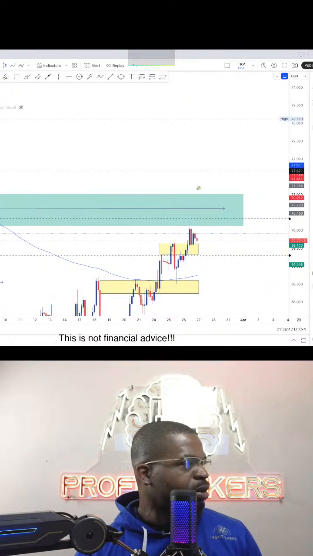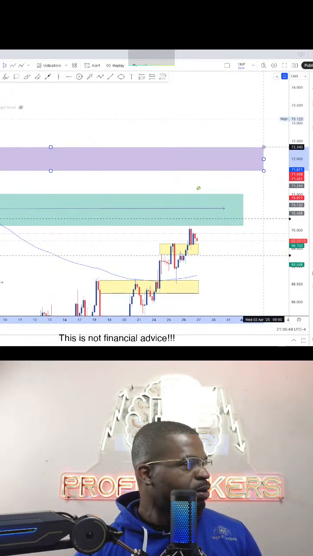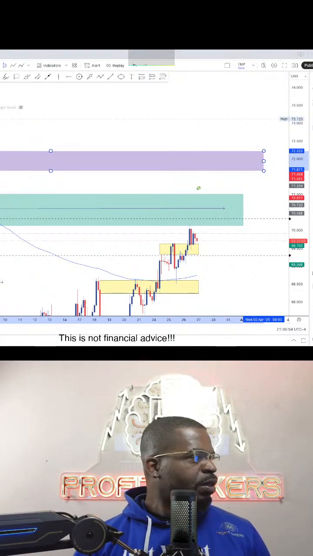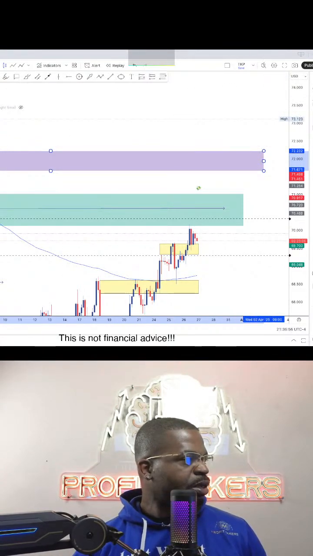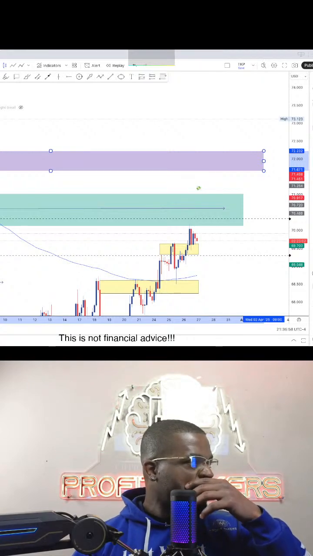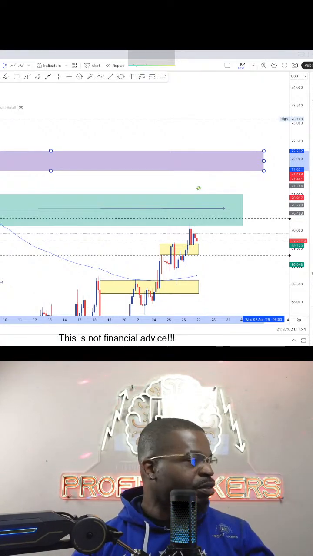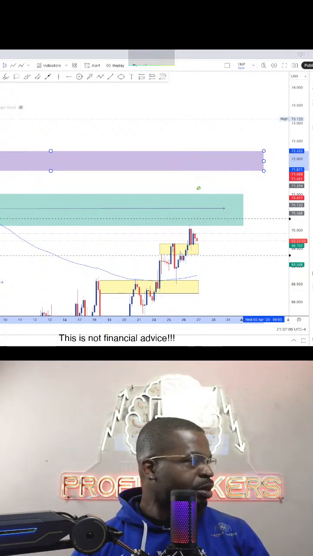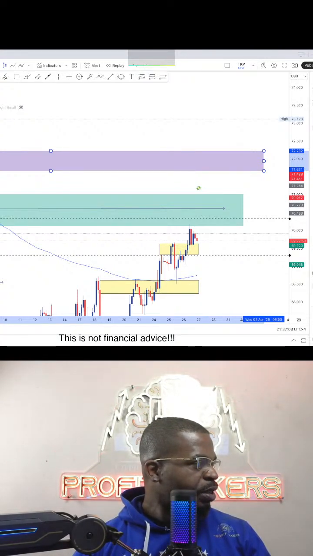And it could possibly retest this area here. It could do that during London, and then maybe Thursday or Tuesday, maybe give us a reversal, depending on how strong the pressure is from the news.